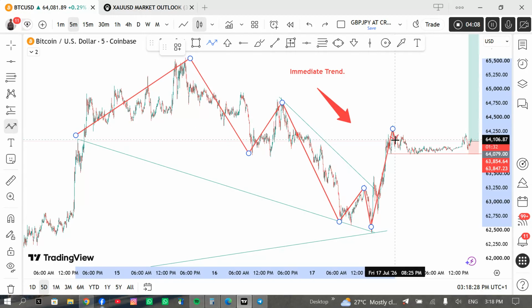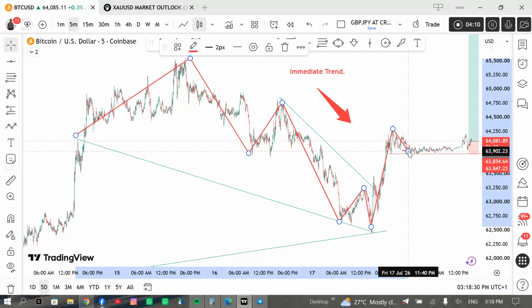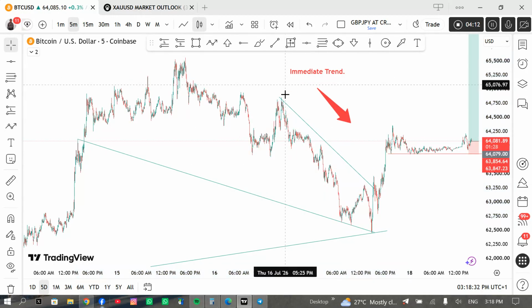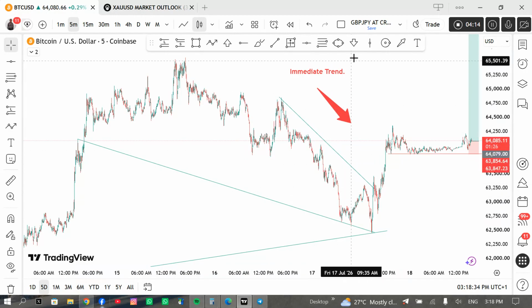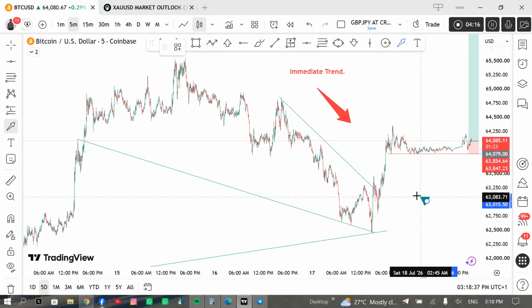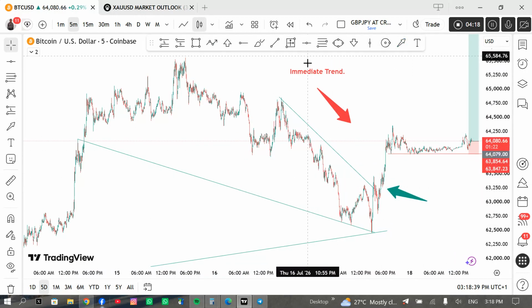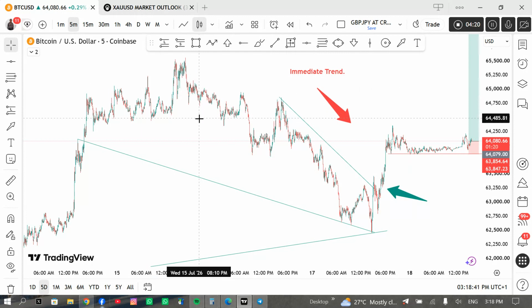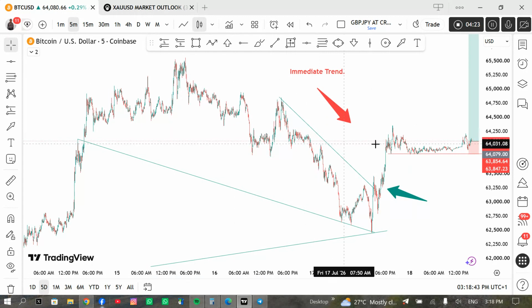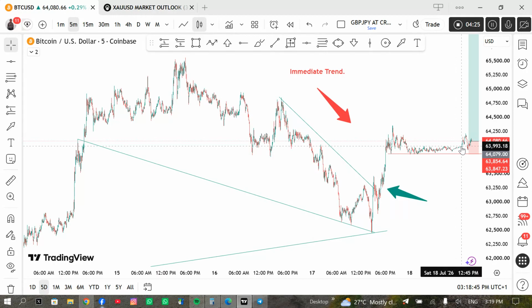So after the breakout is now when I decided to wait for opportunity for me to buy. So we've had a breakout around this area here. So the previous wedge pattern formation, which is a continuation pattern, has been broken to the upside, and this is now opportunity for me to buy.